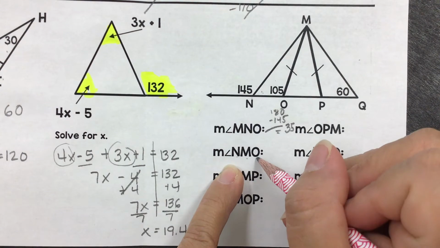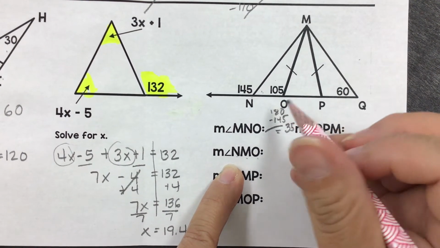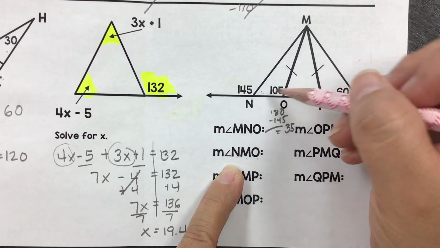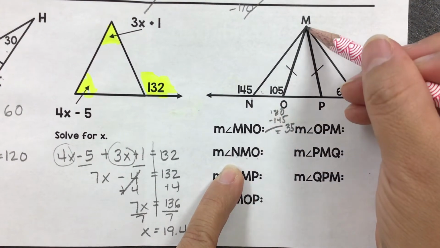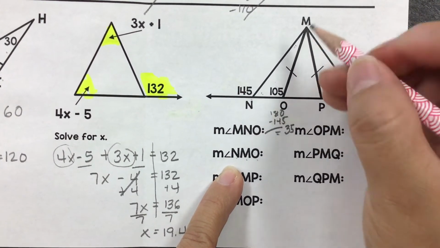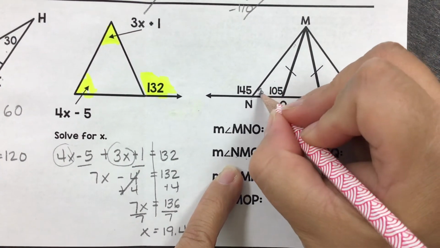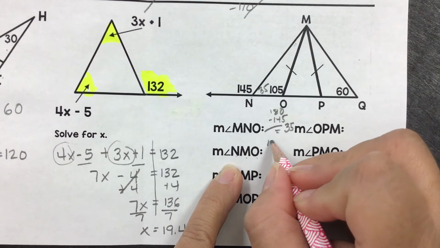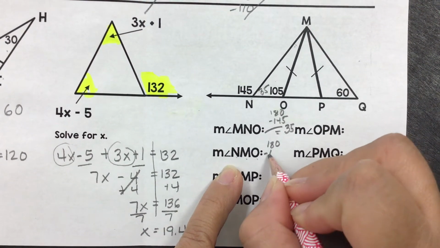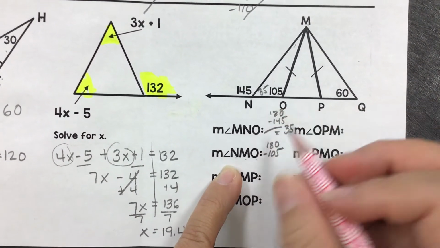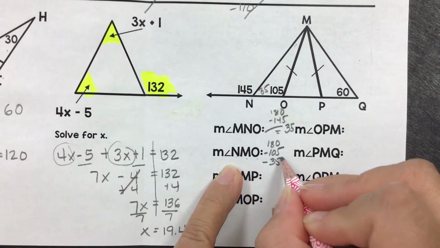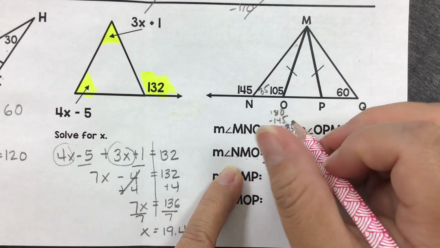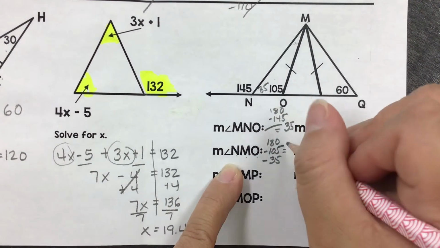N, M, O is this angle up here. Well, we knew that this one's 35 now, so we could do 180 because it's still a triangle, minus 105 for this angle, minus 35 for this angle, and that's equal to 40 degrees.